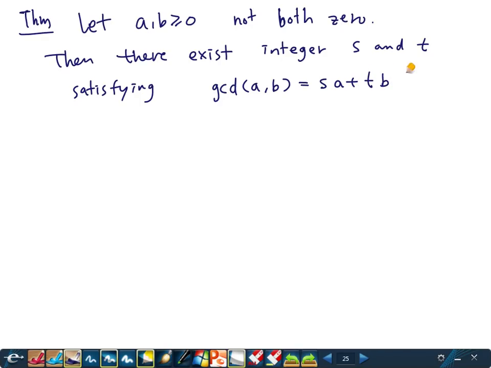This means GCD can be written as a sum of a multiple of a and a multiple of b. By choosing s and t carefully, you can always express this as a sum of two multiples.